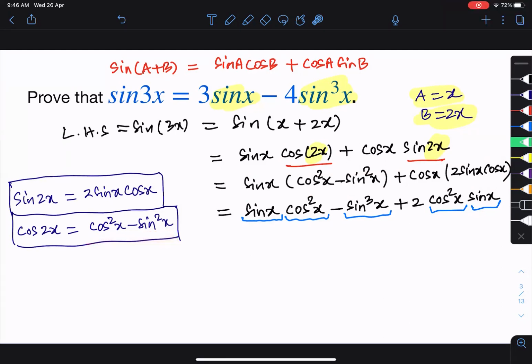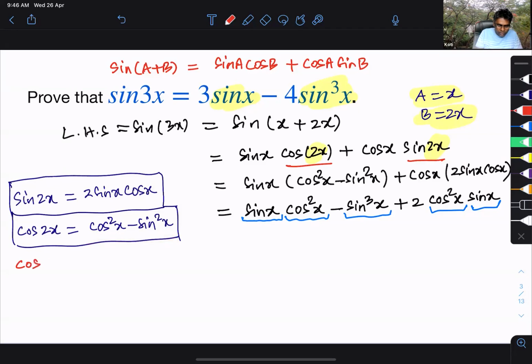Okay, so what you can do is, if you look at the cos of a plus b again. Cos of a plus b is what? Cos a cos b minus sin a sin b, right? And if you take a as x and then b is also x, then on the left hand side, what do you have?